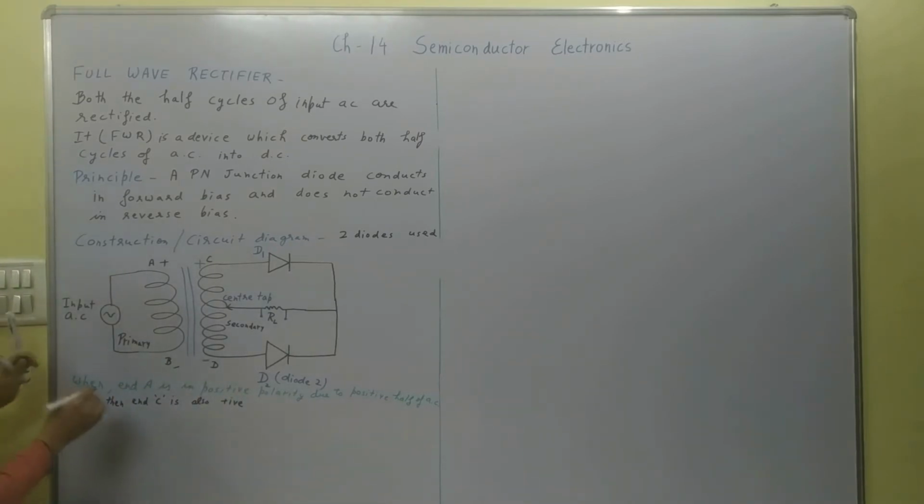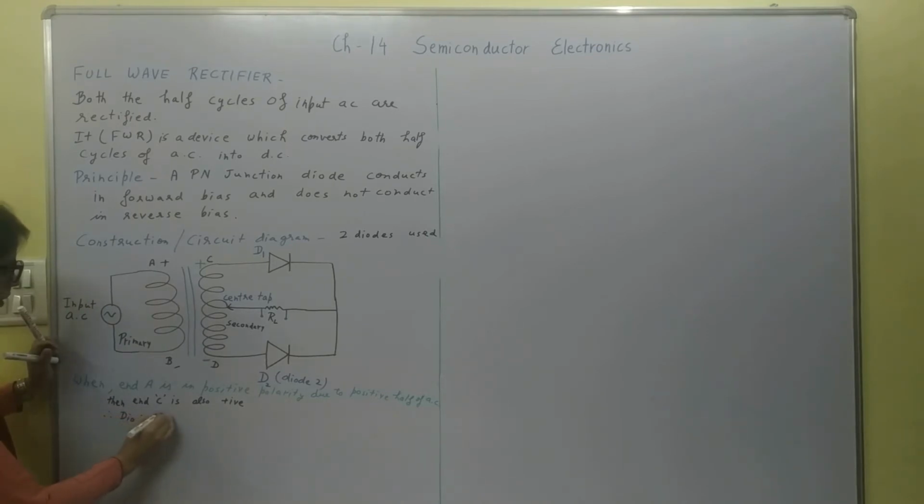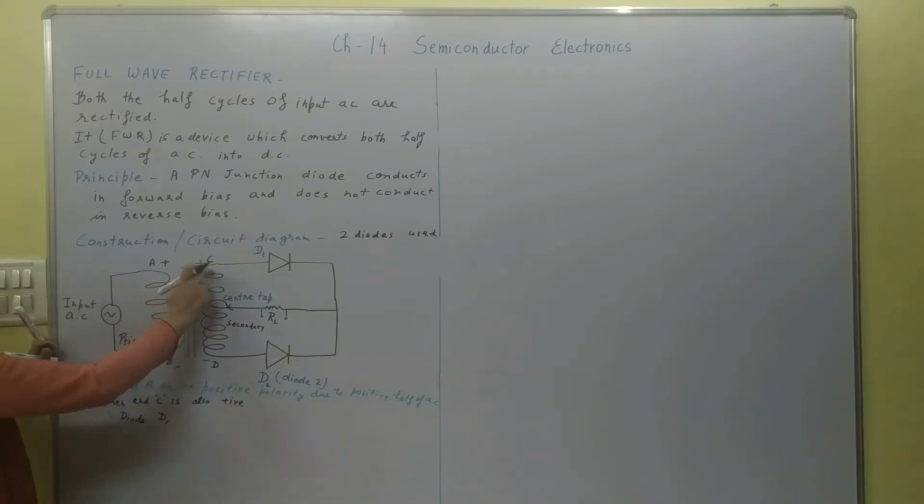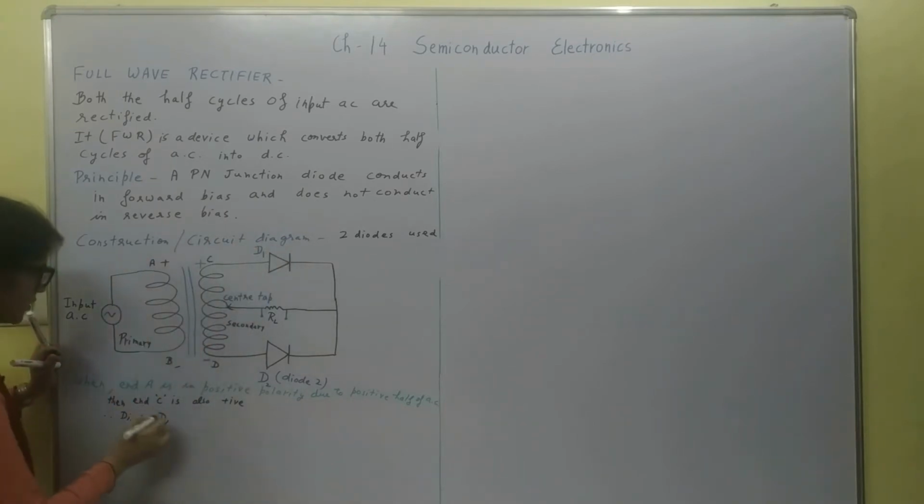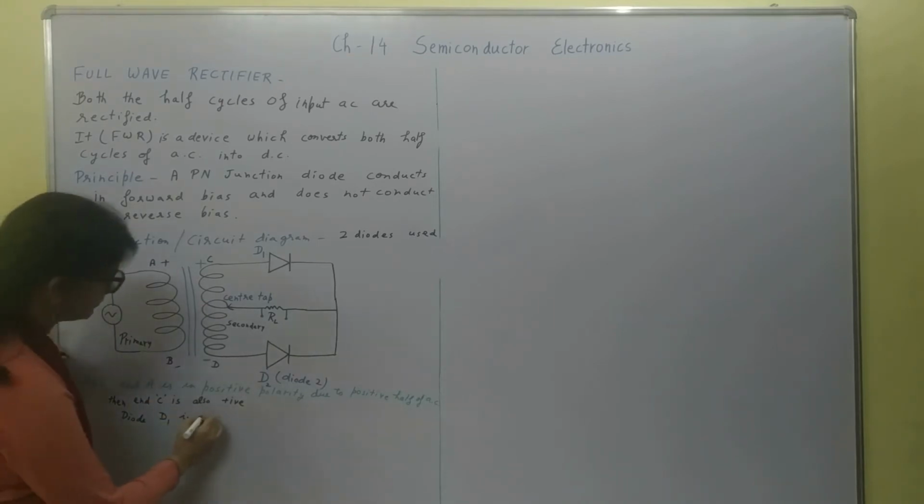Therefore, at diode D1, this is the P of the diode, so diode D1 is forward biased.